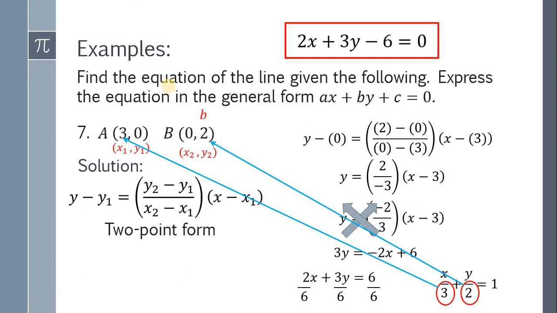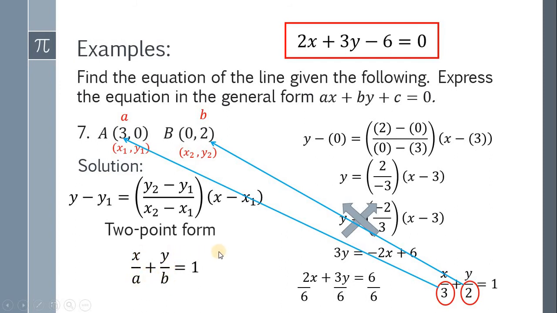Now, yung ating y-intercept ay b. Sinabi ko na kanina yung a ay x-intercept. Therefore, kapag yung x-intercept yung given, saka yung y-intercept yung given, pwedeng ganito na yung ating gawing equation. We have x over a plus y over b is equals to 1. Yung a is x-intercept, yung b, yung y-intercept.